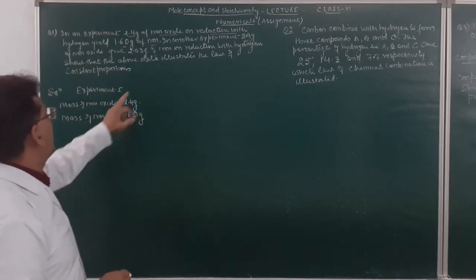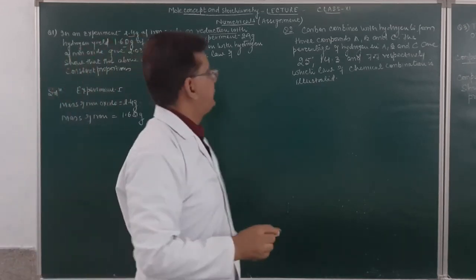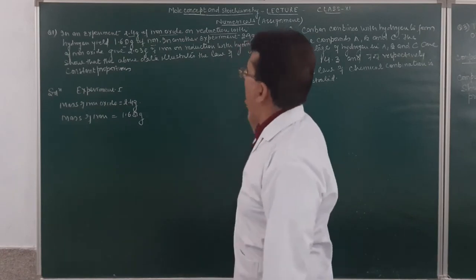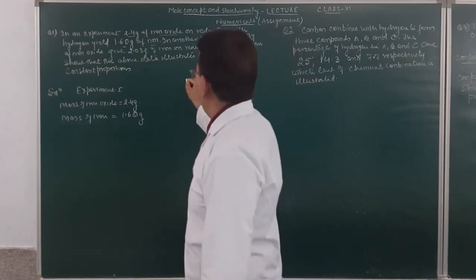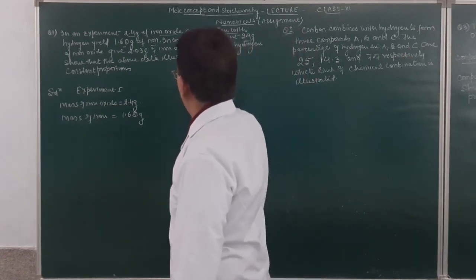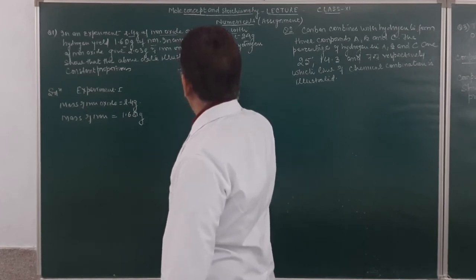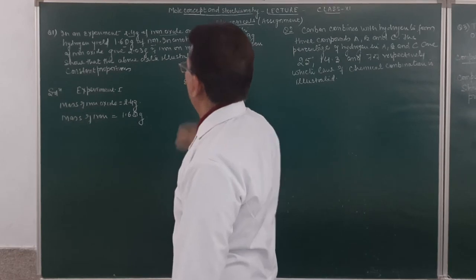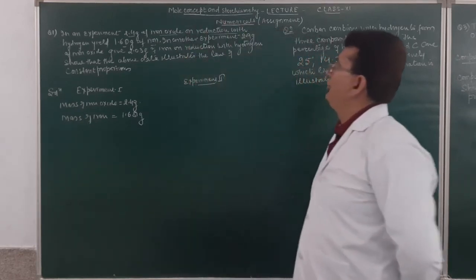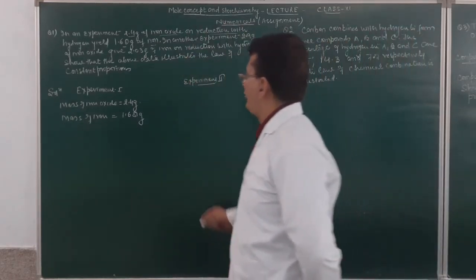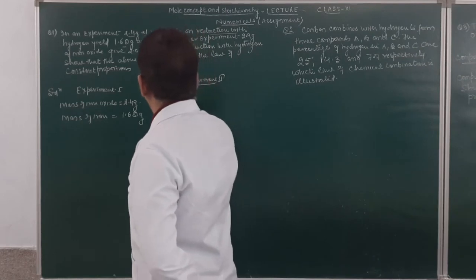Fine. Now, in another experiment, 2.9 gram of iron oxide. Let me say that this is experiment number 2. In another experiment, 2.9 gram of iron oxide. What is the mass of iron oxide?